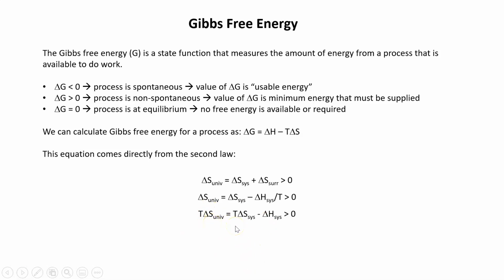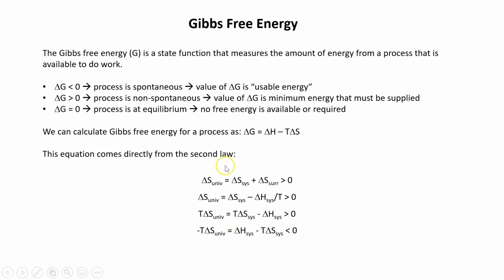Now if we flip the sign on everything, that makes this side negative T delta S of the universe. We're going to have delta H for the system, and negative T delta S for the system. And of course, when you flip the sign, this becomes a less than from a greater than. So this now says the second law.